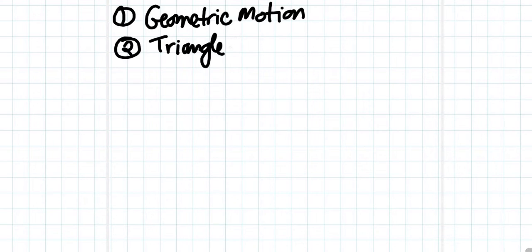And so concept number 1, I'm going to talk about geometric motion. Topic number 2, I'm going to talk about triangle classification.